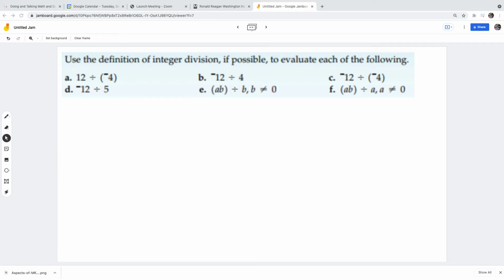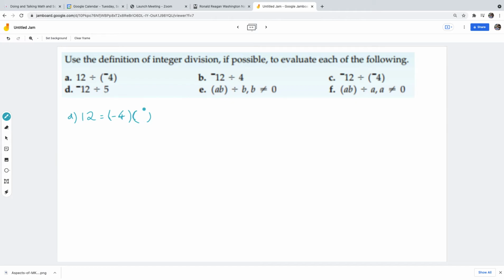So let's look at the first problem here, 12 divided by negative 4. To find the quotient, we can think about the definition of division. 12 is the dividend, which equals negative 4, the divisor, times something. That something will be the quotient.